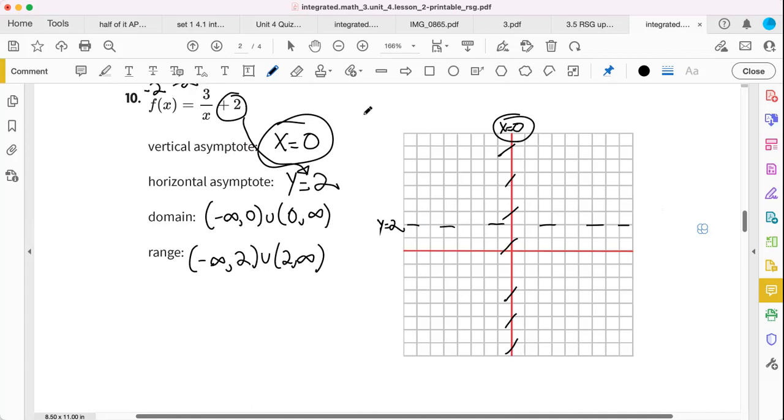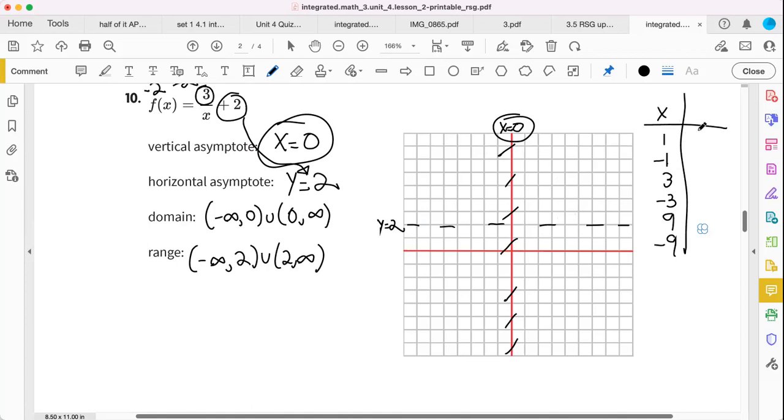And so let's get some points. Points of convenience are usually dictated by your stretch factor, which in this case is 3. So I'm going to keep it pretty simple and use points like 1, -1, 3, -3, and I'll also throw in 9, -9.